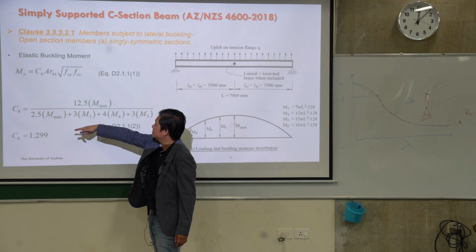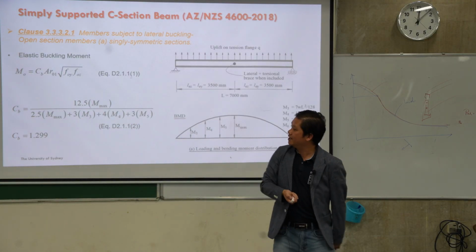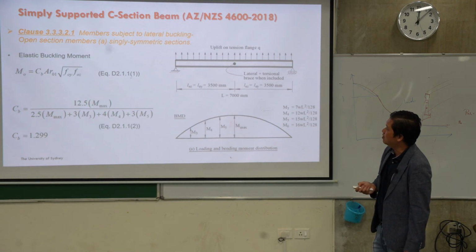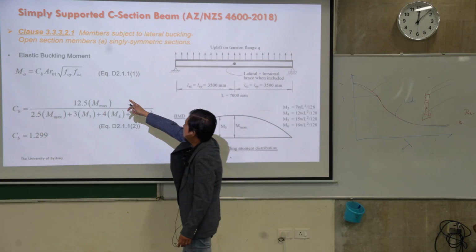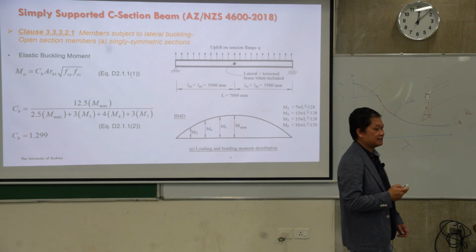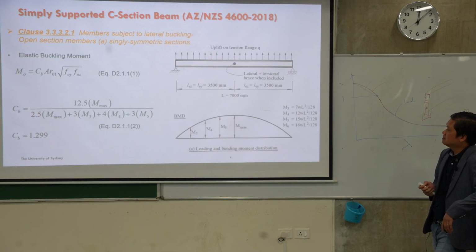And from the CB factor, you put in here, and then you can calculate LOY and other MOY and LOZ. Then from that equation, you can calculate M naught. That is the elastic buckling moment.